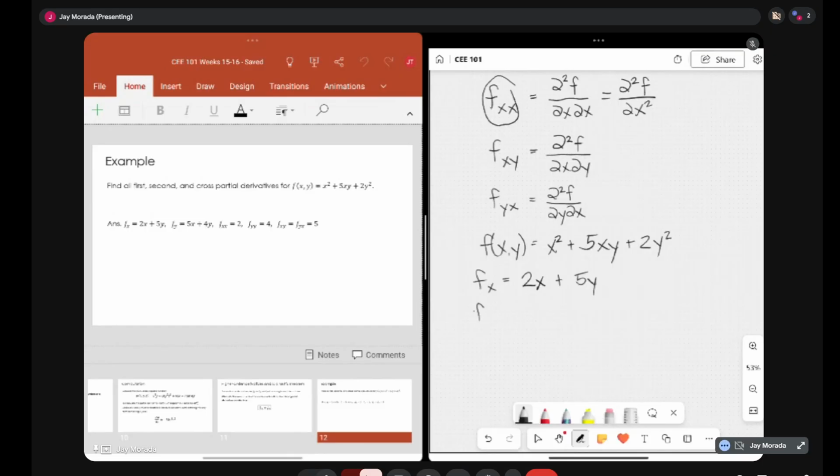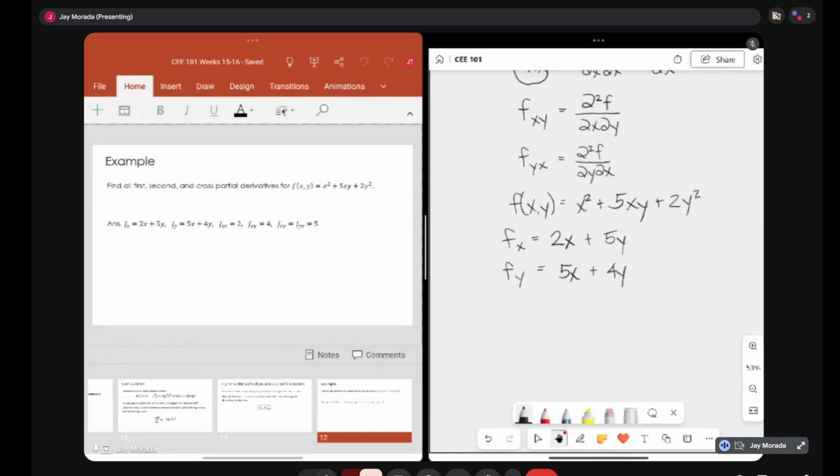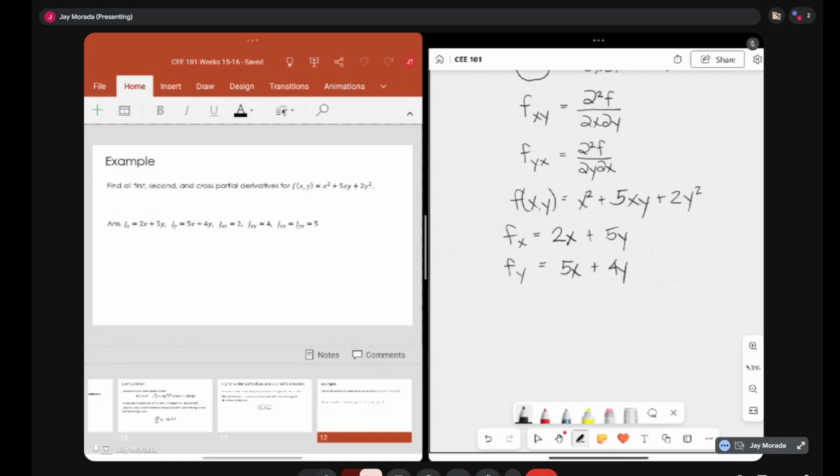What about f sub y? So the first term will become 0, the second term will become 5x, and the third term will become 4y. What about the second partial derivative? So let's take the f sub x and differentiate it with respect to x. Okay, put an arrow here.